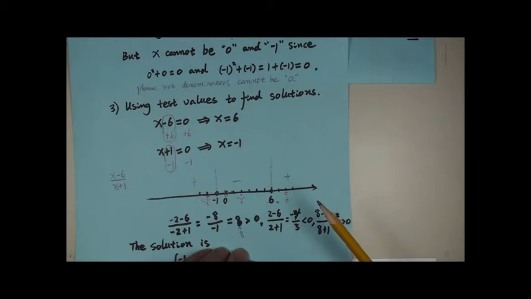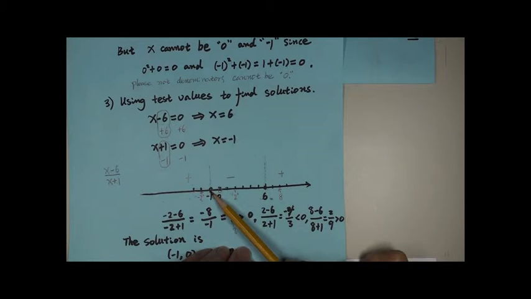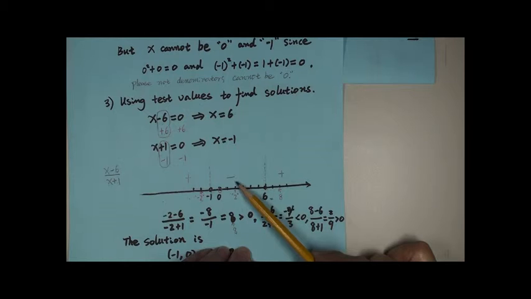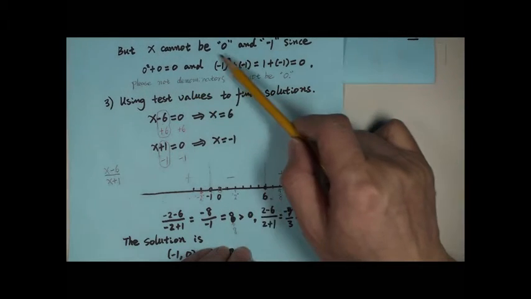The signs alternate: positive here, negative here, positive here. Pick any value between negative 1 and 6, but not 0, because x cannot be 0.